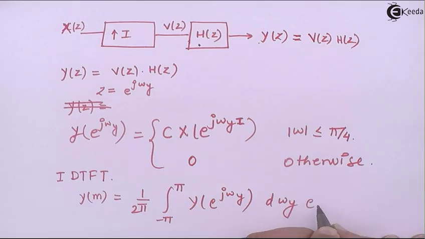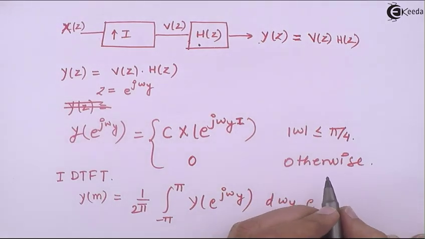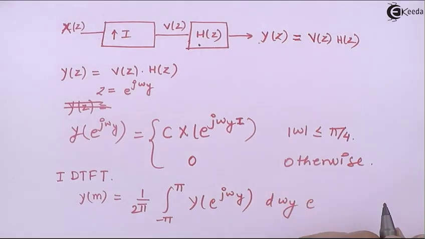Oh, there is one more factor, e raised to, here it will be plus j omega y m. So this is the definition of the IDTFT.